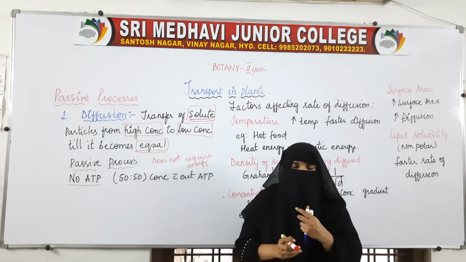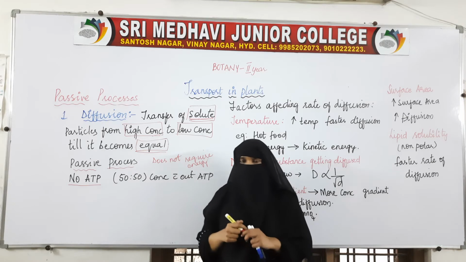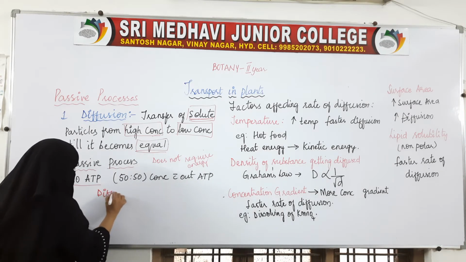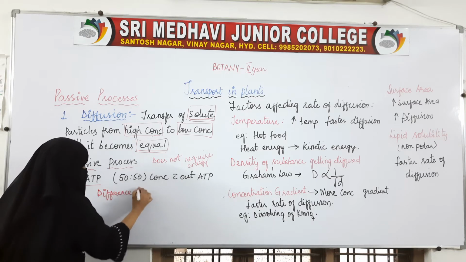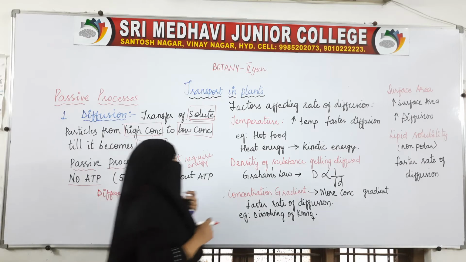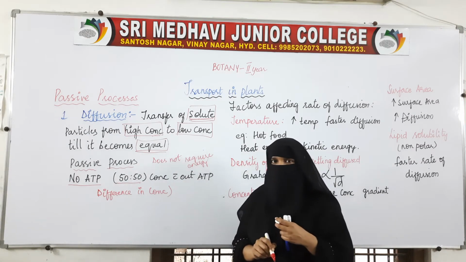The only thing which is needed is that there should be a difference in the concentration. No ATP, but there should be a difference in concentration. If the concentration becomes equal, that is 50-50 at both the sides, the transfer stops.